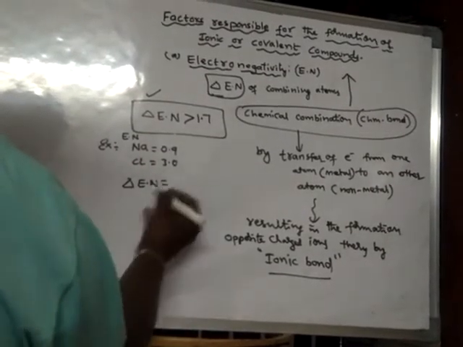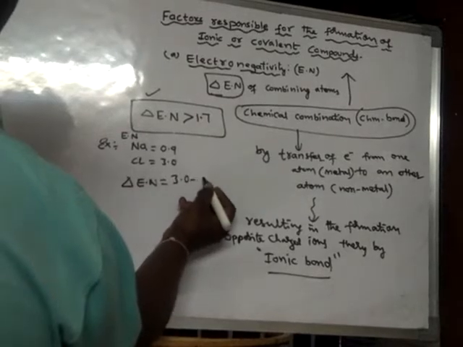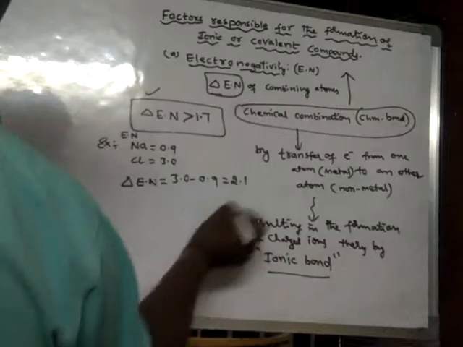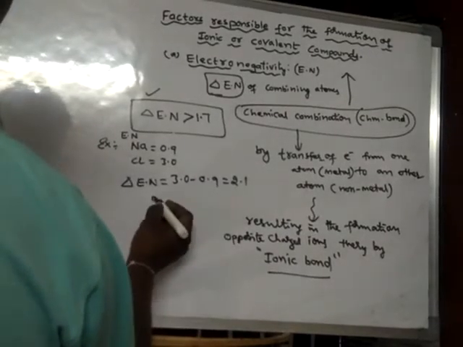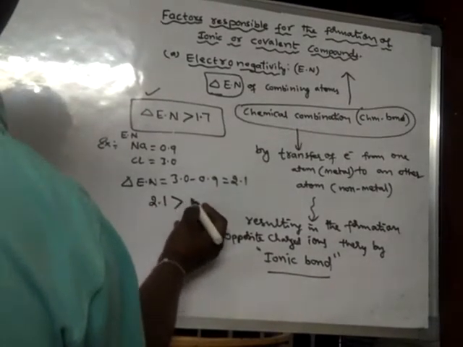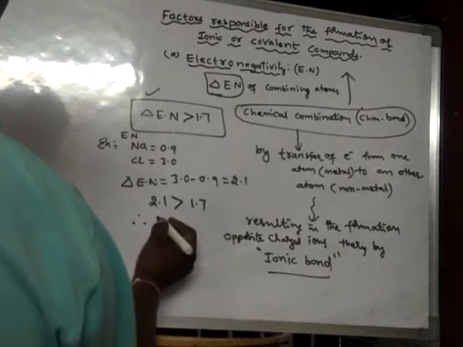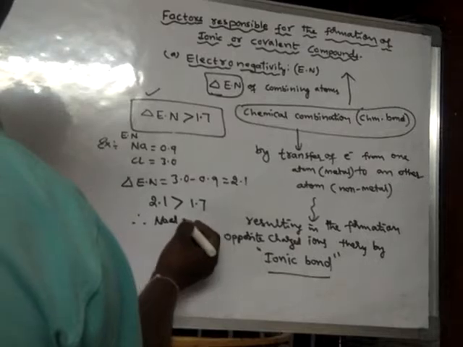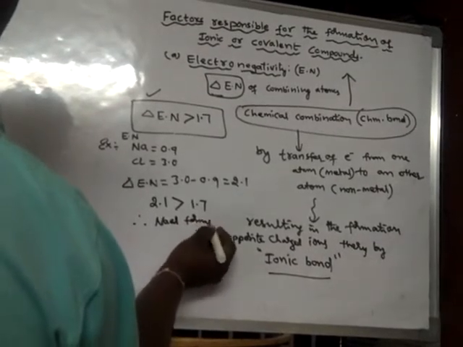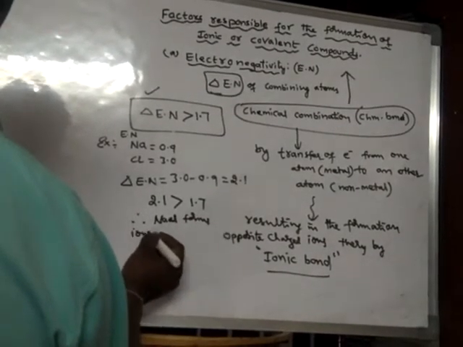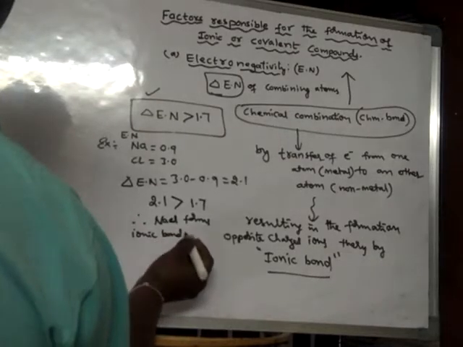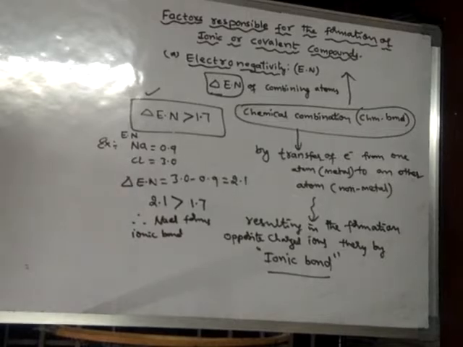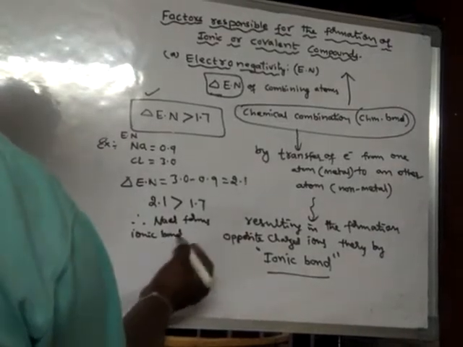The difference is 3.0 minus 0.9, which is equal to 2.1. So 2.1 is greater than 1.7. Therefore NaCl forms an ionic bond.